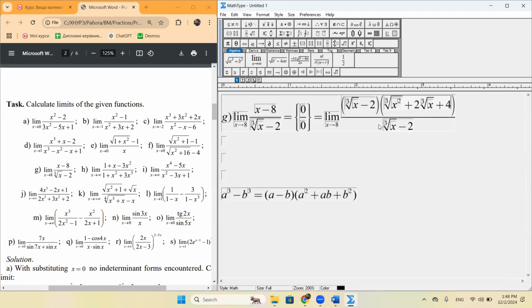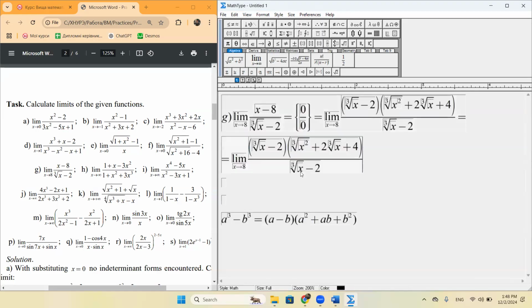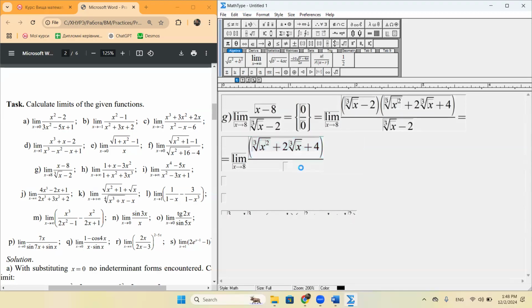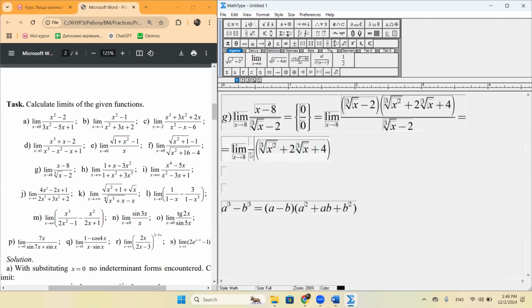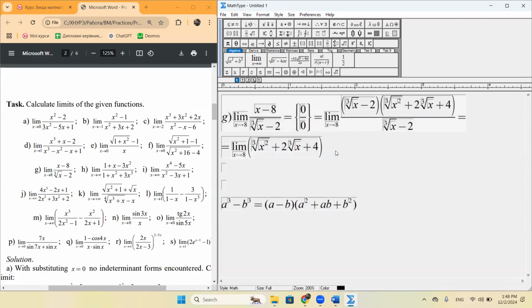So reducing the denominator. And now we have no indeterminate forms.